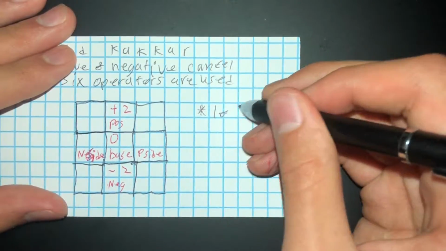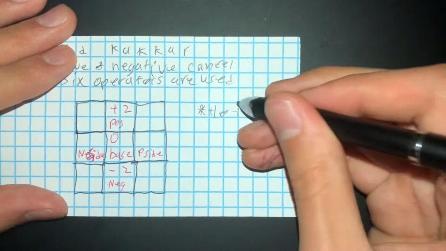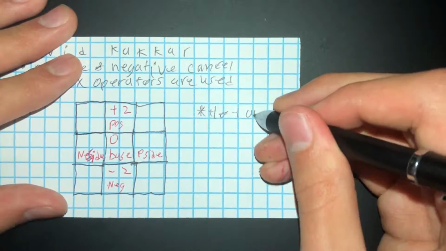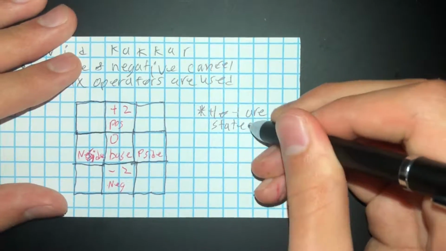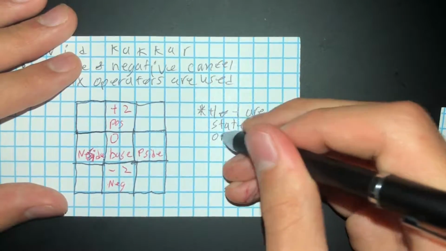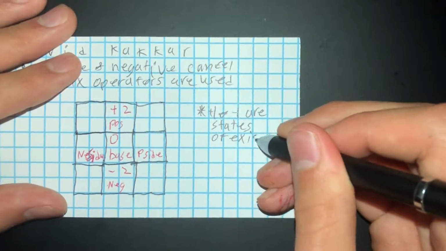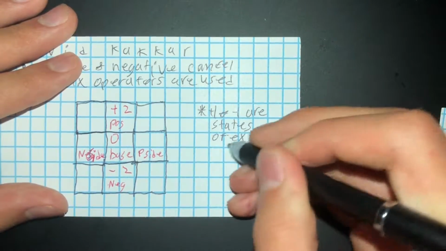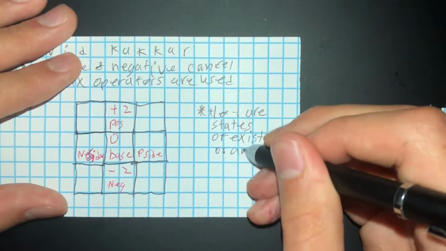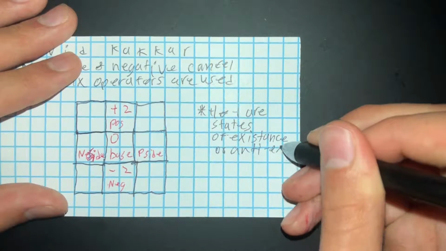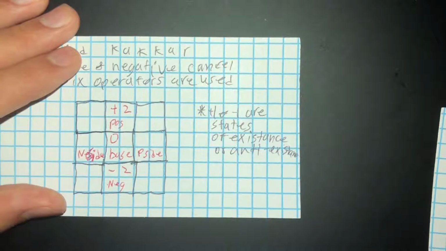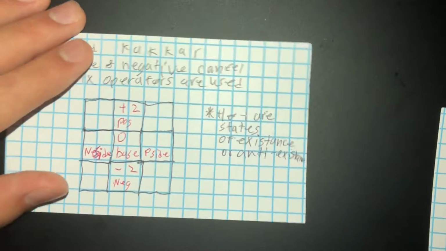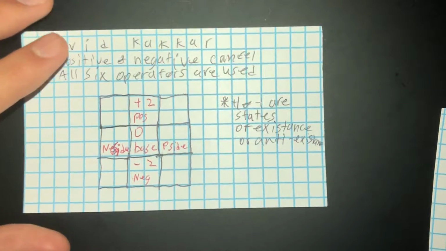+1 and -1 are states of existence or anti-existence, because according to, I think it's a quantum theory of polarization. If I'm wrong, correct me in the comments below. I didn't study for this.